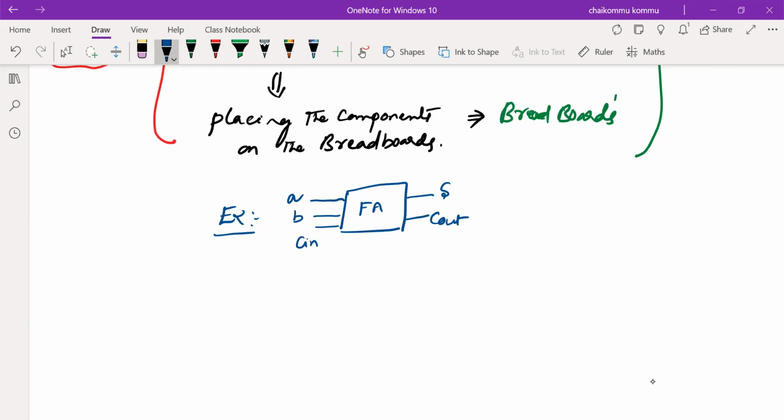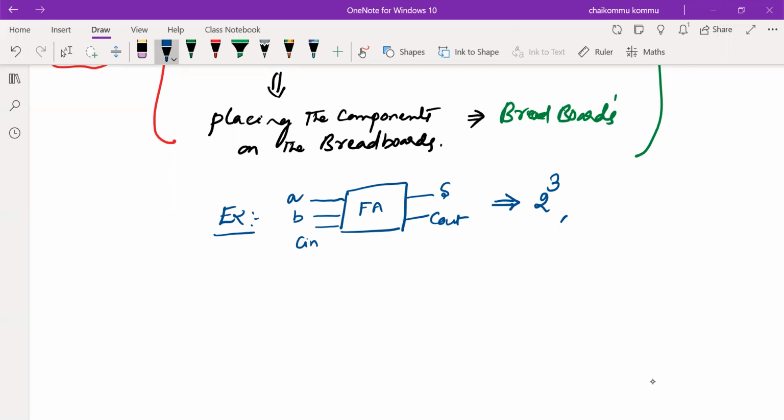So how many components will you generally have here? What is the size of the truth table? The truth table consists of 2 power 3 rows, that means 8 combinations will be present. That is the size of the truth table. What components do we generally use?